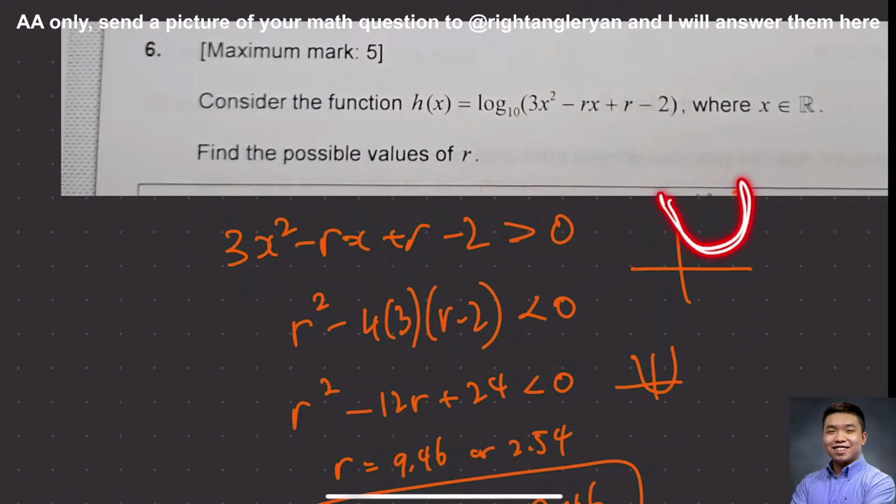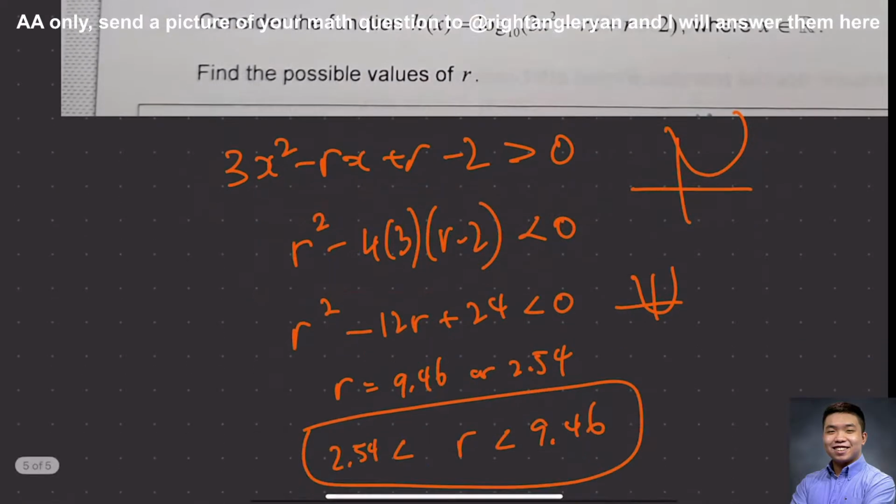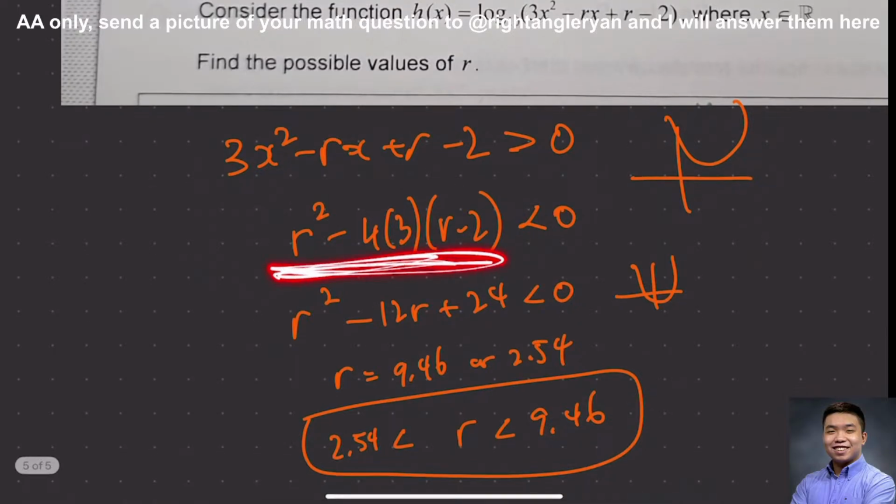To find a quadratic with no solutions, what I need to do is set the discriminant to be less than 0. Now this just becomes a standard inequality, right? How do we solve an inequality like this? We have to first solve this. To solve it, we got r is equal to 9.46 and 2.54.